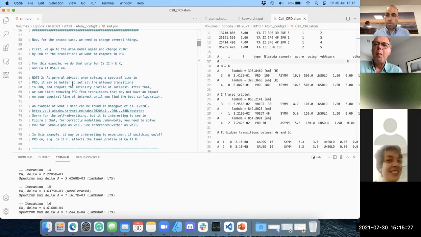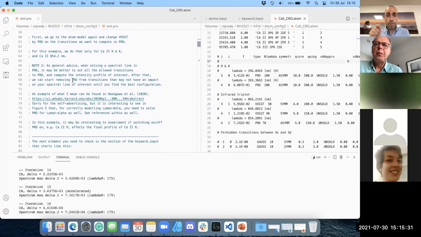I added a note here. Before compiling, I will go through it, because it is related to what Hans said before. My advice is that when you start using an atom and want to check the impact of PRD on a given transition, probably the best thing is to switch on PRD for all the transitions. Imagine in this case we set PRD for all the transitions and run the code.